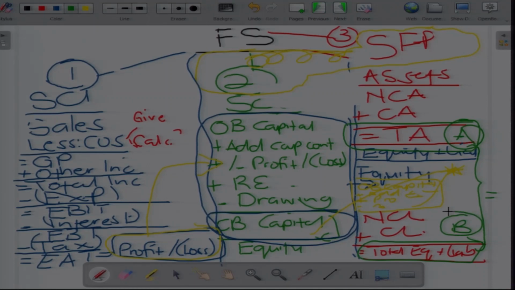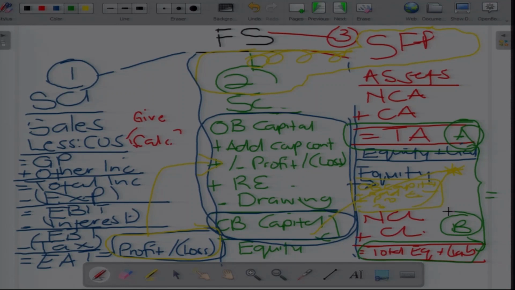Now, in the previous study units, we spoke about solvency. So meaning if your assets is equal to your liabilities and your equity, assets meaning everything you own is equal to the people that you owe, your business is still solvent.